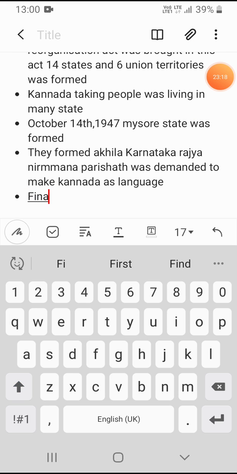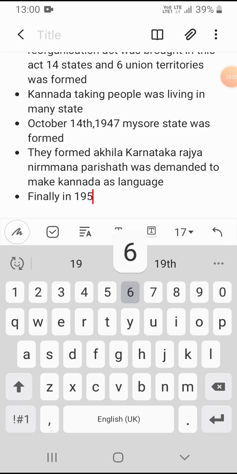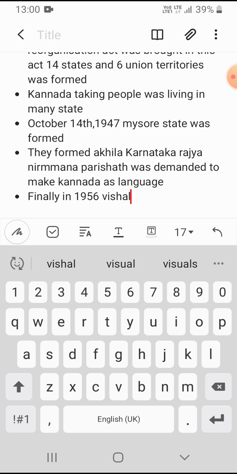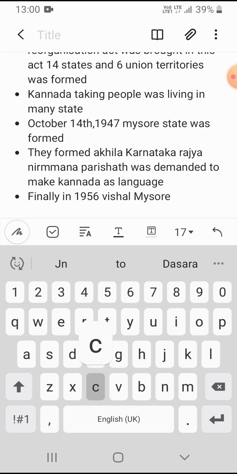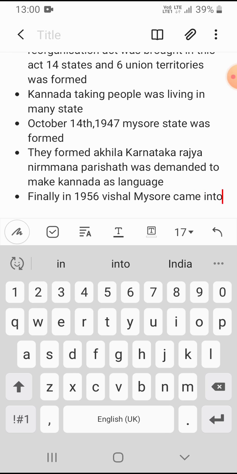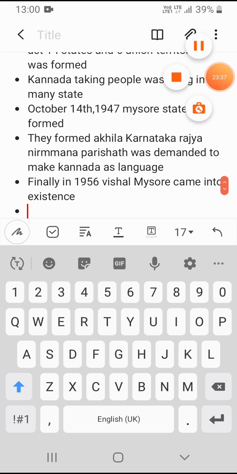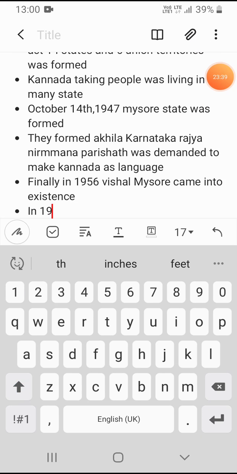Finally, in 1956, Vishala Mysuru came into existence. After that, in 1973, it was renamed Karnataka.